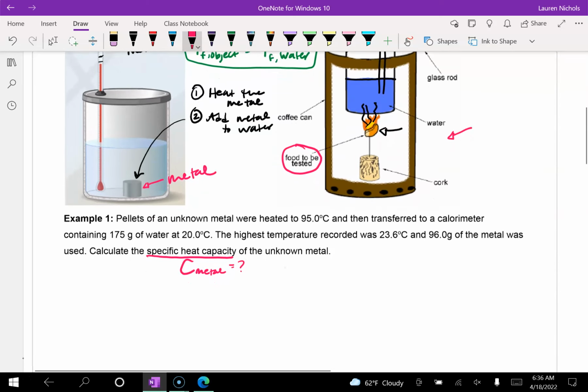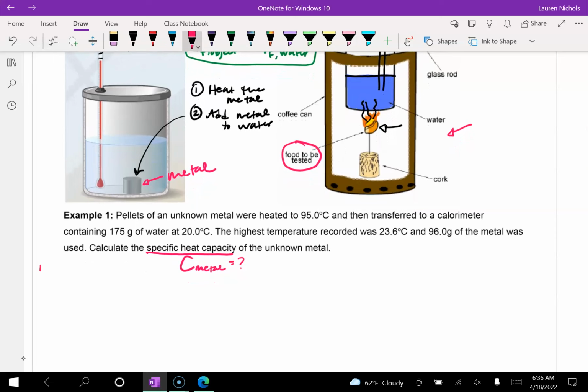And one thing we can do to help us stay organized is to split things up between our metal and the water. So let's think about what we know about the metal. We know that the metal was initially at 95 degrees Celsius. Okay. And so that was this number. It says it was transferred to a calorimeter containing 175 grams of water.